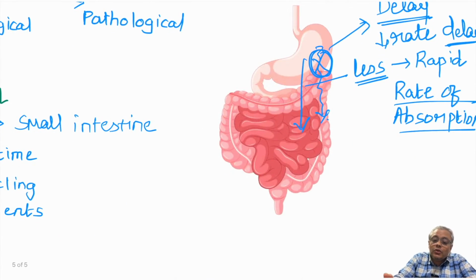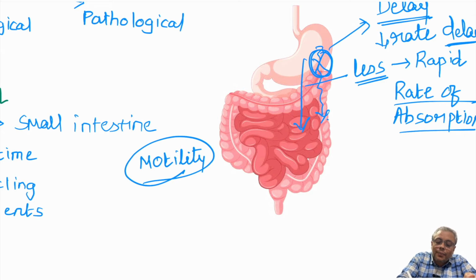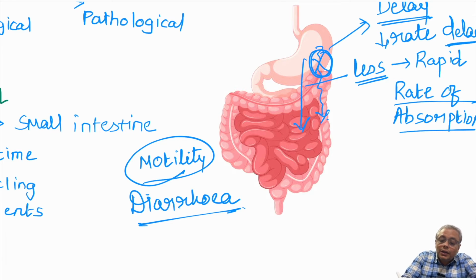Now the second point, which is also very important: we have already discussed that the major amount of the drug is going to be absorbed from the small intestine. But if any agent increases the intestinal motility, say for example there is diarrhea, so the gastrointestinal motility is significantly increased, and what will happen?